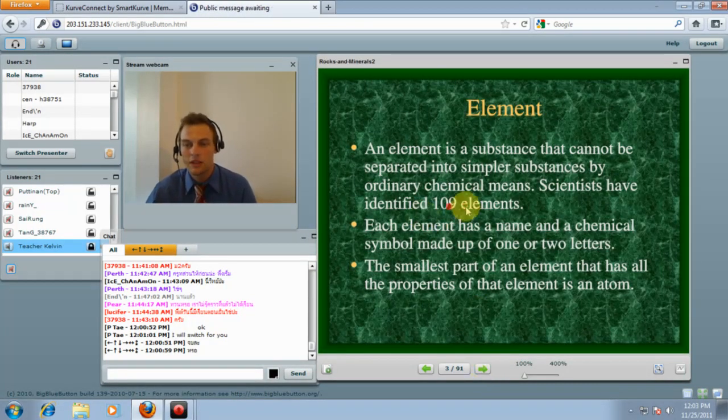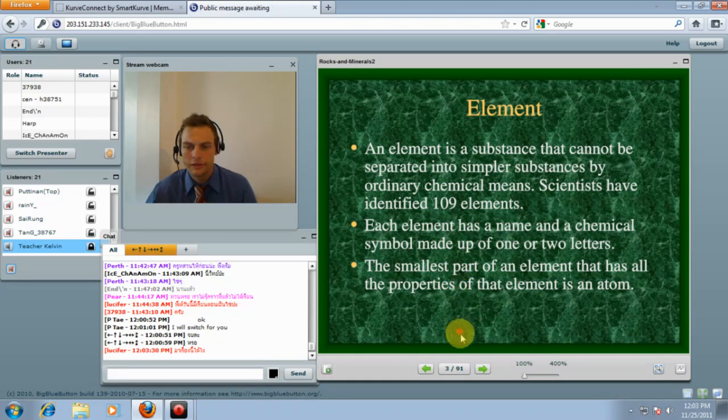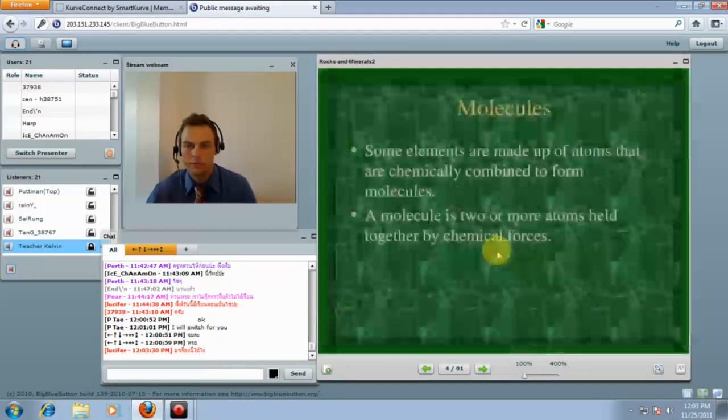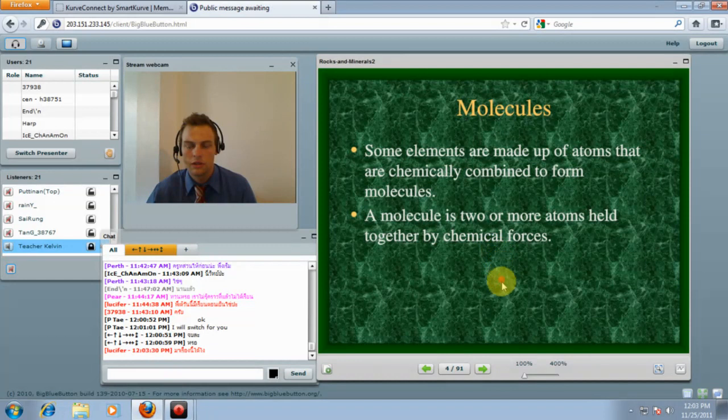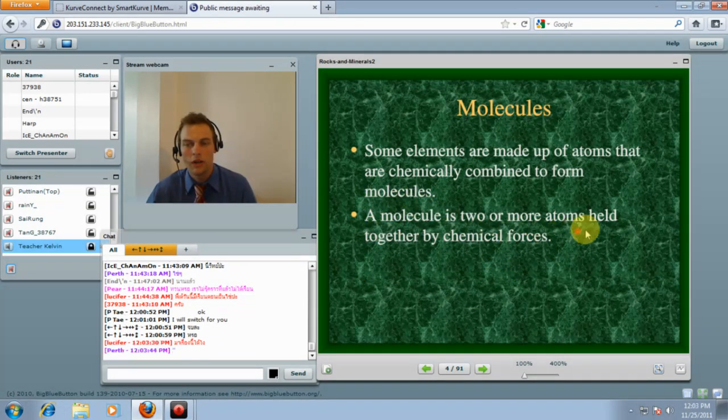We already talked about this. This is just the periodic table. Smallest is an atom. So two or more atoms held by chemical forces is like H2O. If you want, you can review the other lecture on the periodic table a little more closely. It's got details about this.